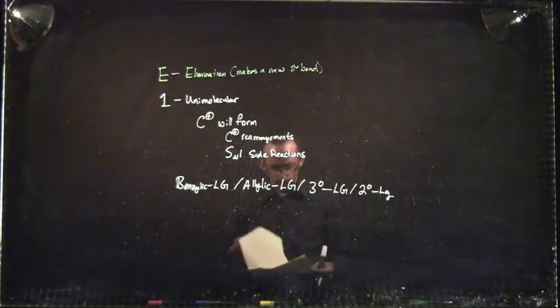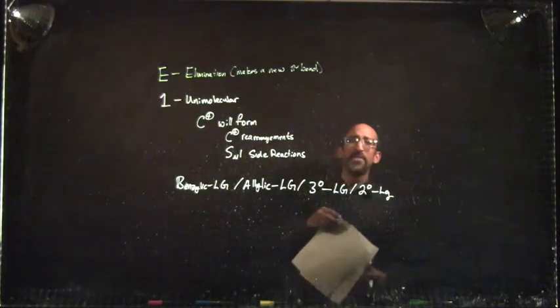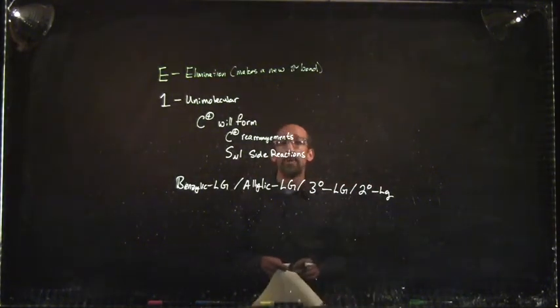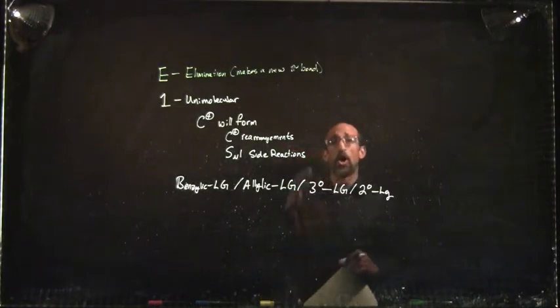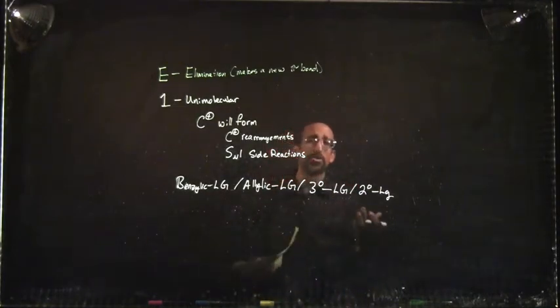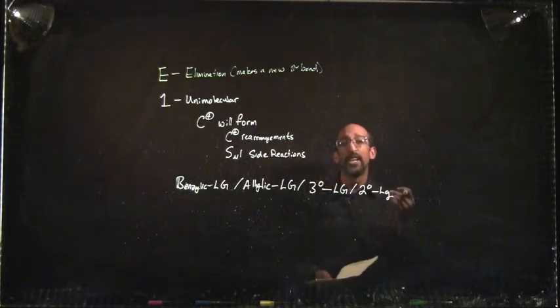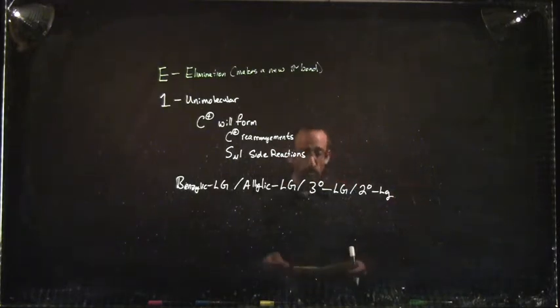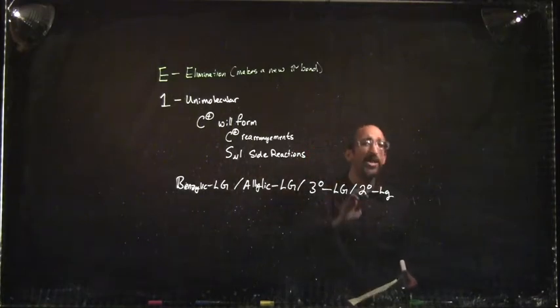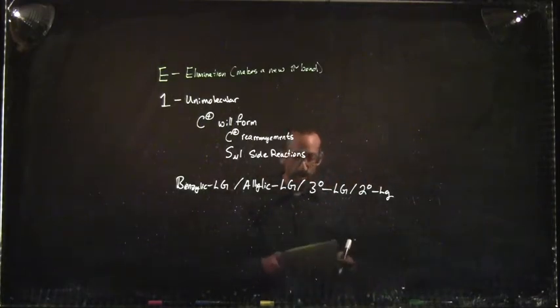We've said that this E1 reaction always makes a new pi bond. This most frequently results in the formation of an alkene. Regardless of what type of leaving group I have, I'm generally going to form an alkene as my product.